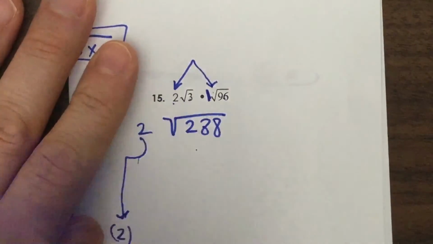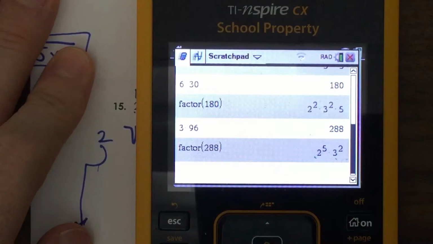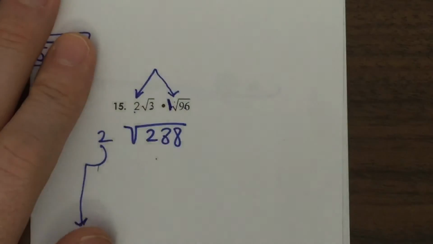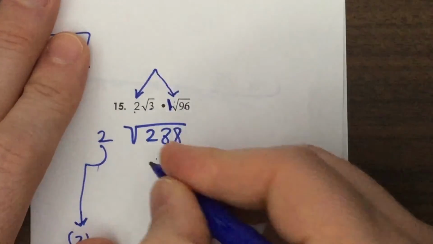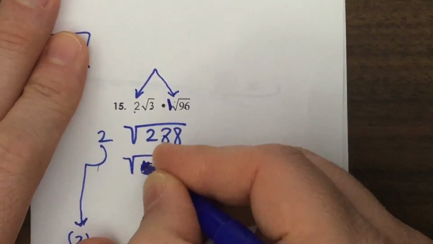And I'm going to factor my 288. I get 2 to the power of 5. That's basically 5 2's multiplied together. And then I have 2 3's multiplied together. Okay, so I'm going to write it out in expanded form. Oops, I did what some people did.